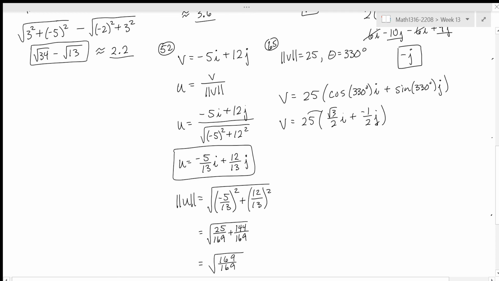And then we're going to go ahead and distribute the 25 so that we can write the vector in standard form. That's going to be 25 square root of 3 all over 2, and that is the x component of the vector, minus 25 over 2, and that is the y component of the vector.